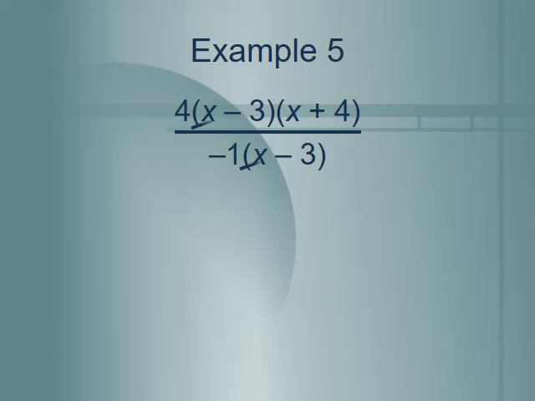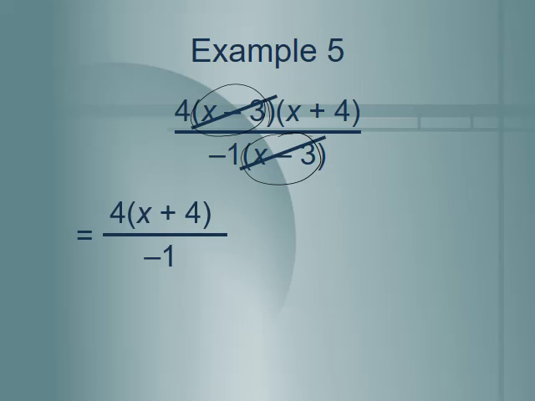So whenever we factor that out, a nice thing to look for is if you have factors in the top, see if you can find the same factor in the bottom, or vice versa. If you have a factor in the bottom, see if you can find the same factor in the top, because then you can cancel them out.